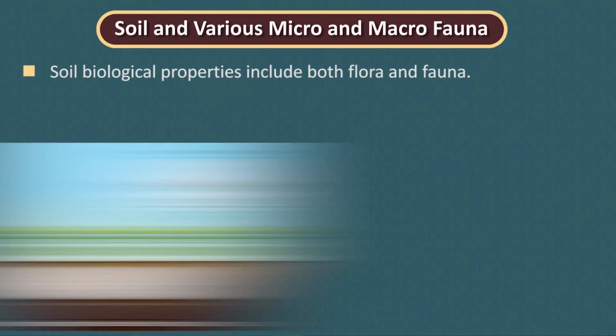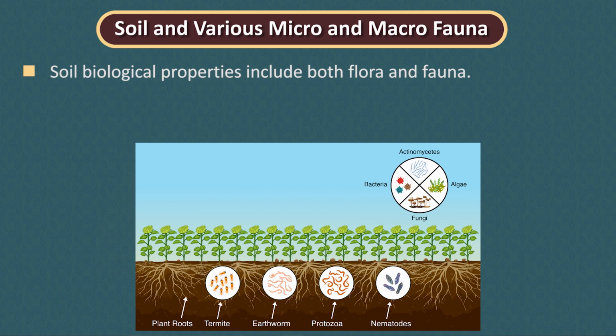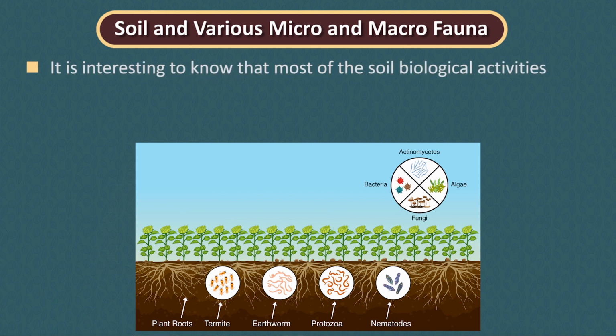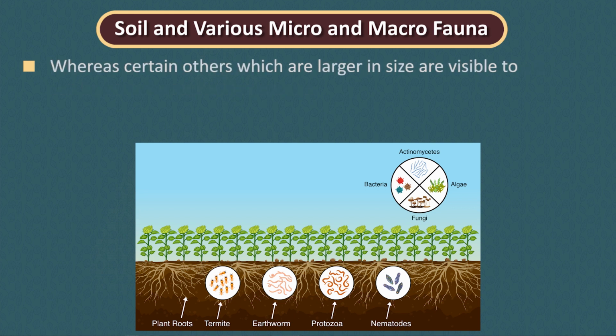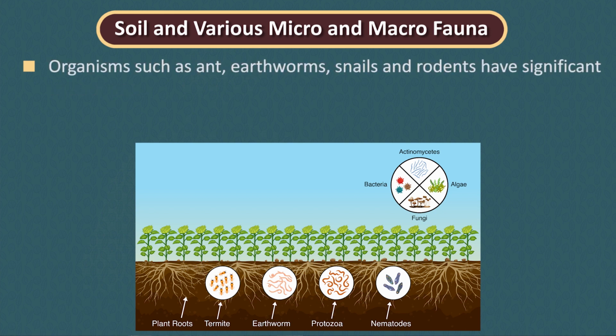Soil biological properties include both flora and fauna. It is interesting to know that most of the soil biological activities occur in the surface soil, at a depth of 0 to 15 cm. The majority of soil organisms are not visible to the naked eye and can be seen only through microscopes, whereas certain others, which are large in size, are visible to the naked eye.